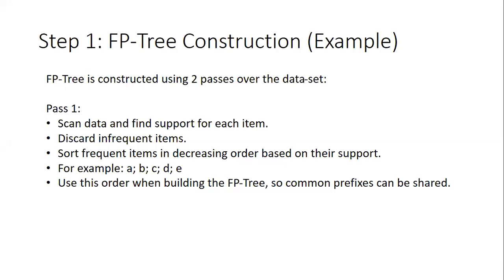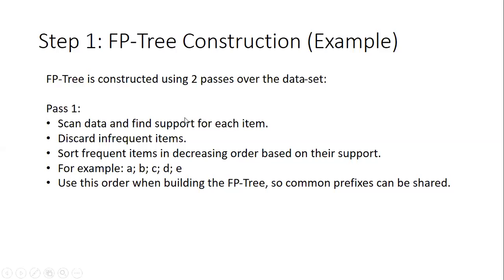In any algorithm we have to follow the condition: support count greater than or equal to minimum support count is frequent, and support count less than the minimum support threshold is infrequent.